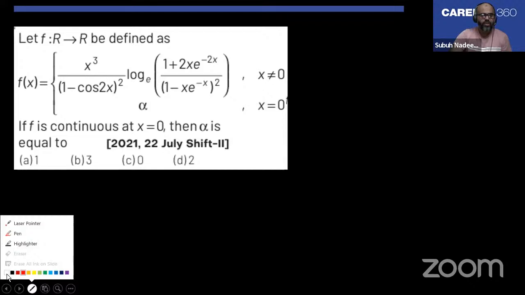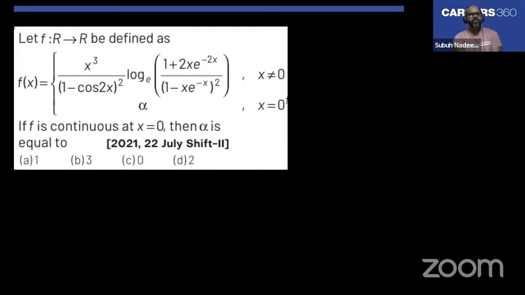So here, as you can see, f is a function R to R, real to real, and it is defined as fx equal to x cubed by (1 minus cos 2x) whole square into log to the base e of (1 plus 2x e to the power minus 2x) by (1 minus x e to the power minus x) whole square, when x is not equal to 0, and alpha if x is equal to 0.